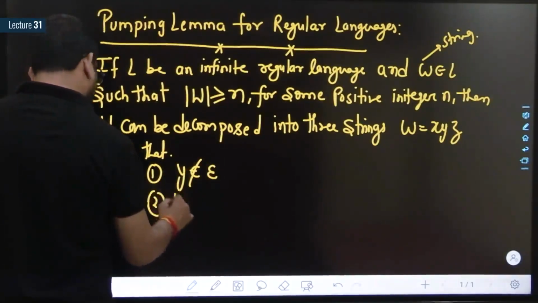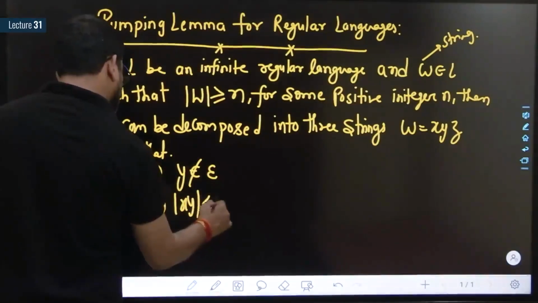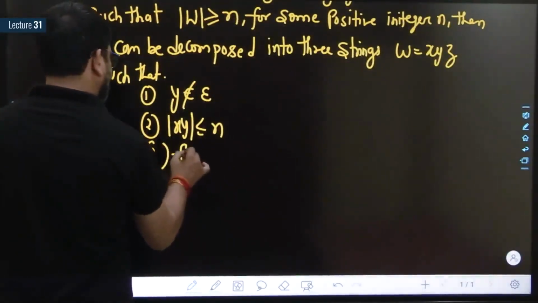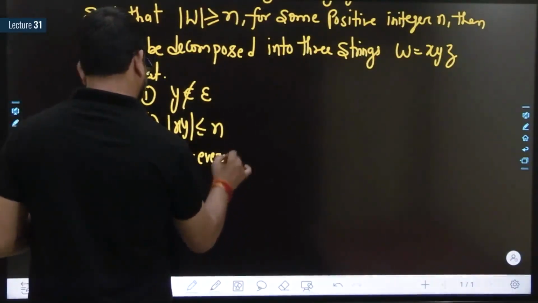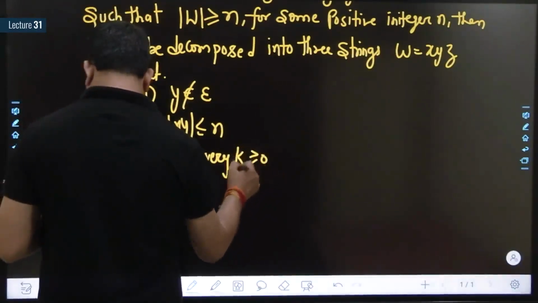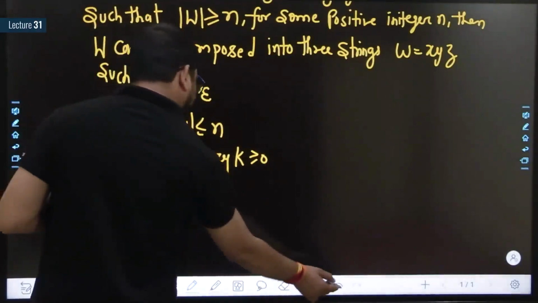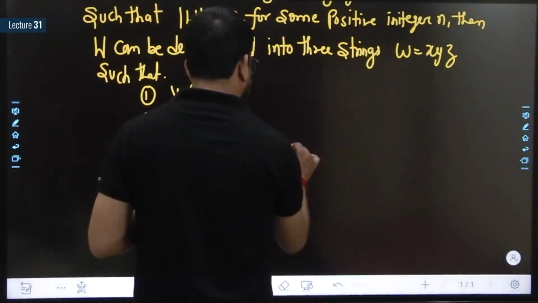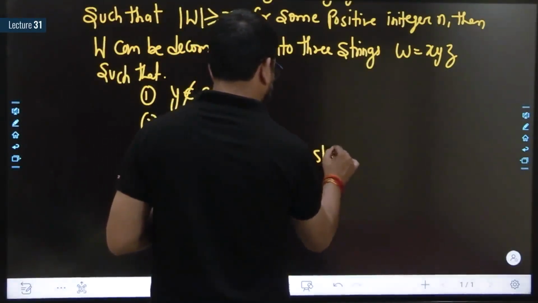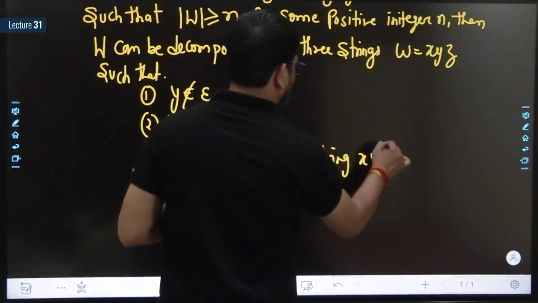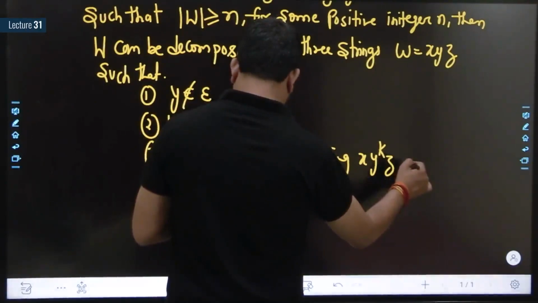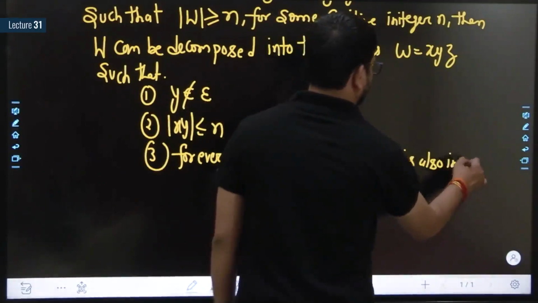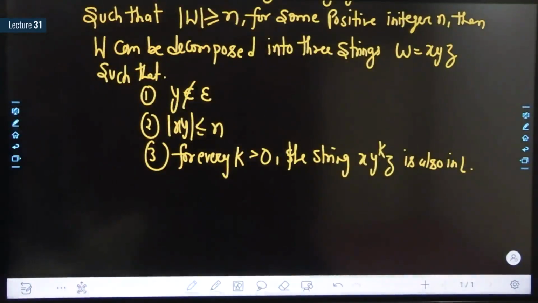Second, mod of XY is less than or equal to n. Third point, for every k greater than or equal to 0, the string x y to the power k z is also in L. Please see the statement for the pumping lemma.